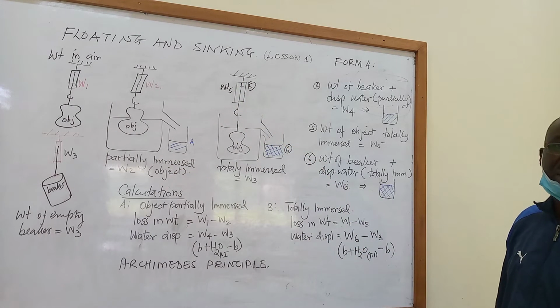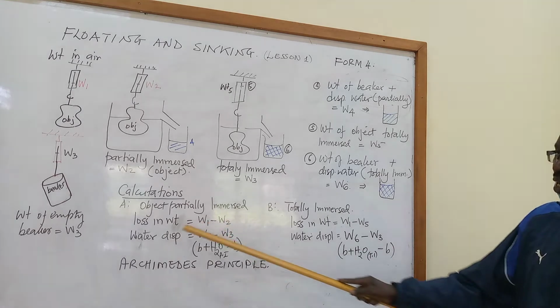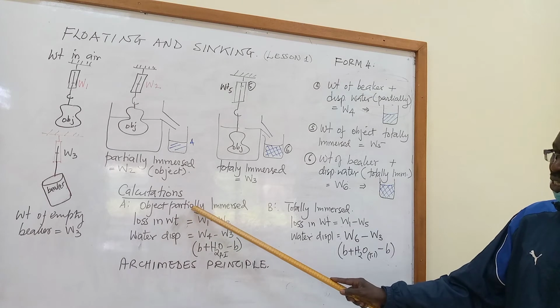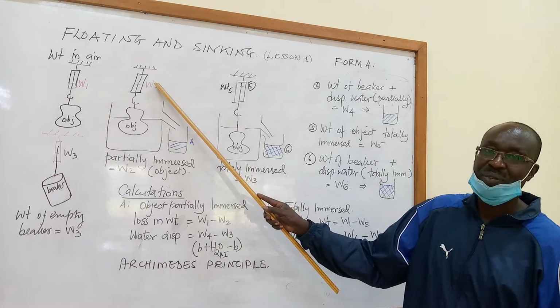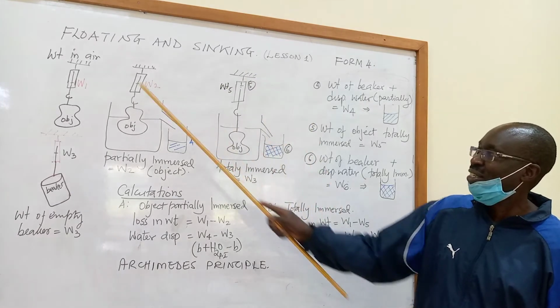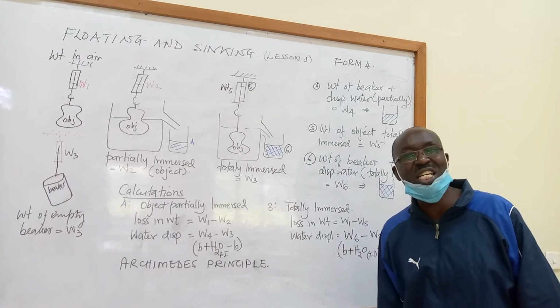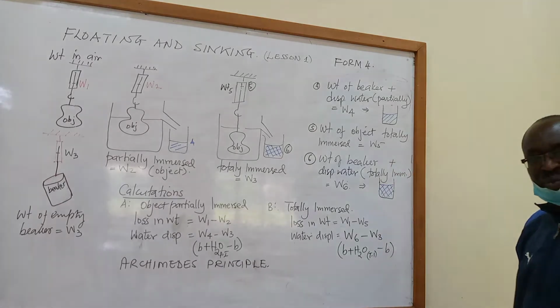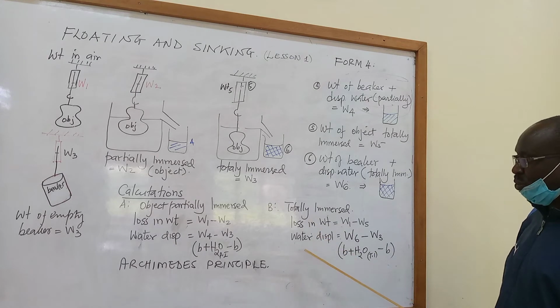These are spring subtractions. Apparent loss in weight in this scenario, you can see this minus that. In my second case, it is this minus that. Spring readings. That is one.